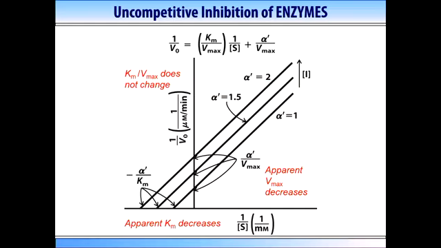They will not be intersecting at the same y-axis, which means that the Vmax is changing. So the Vmax goes down. The higher the concentration of the inhibitor, the higher would be this negative Vmax. That means that because it's a reciprocal value, right? The Vmax itself would be lower and lower and lower. And the same will be happening with the Km.